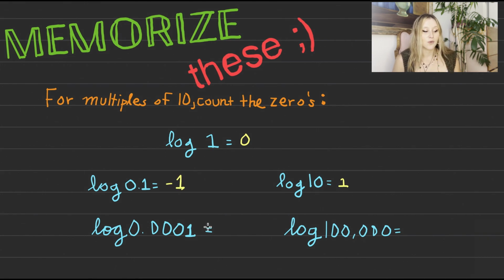We move the decimal once, so it's log of minus 1. Similarly, we have log of 100,000, which is, count the zeros, how many? 5. Good job. And then for log 0.0001, we count how many times we move the decimal. So that is what? You guessed it. It's minus 4.